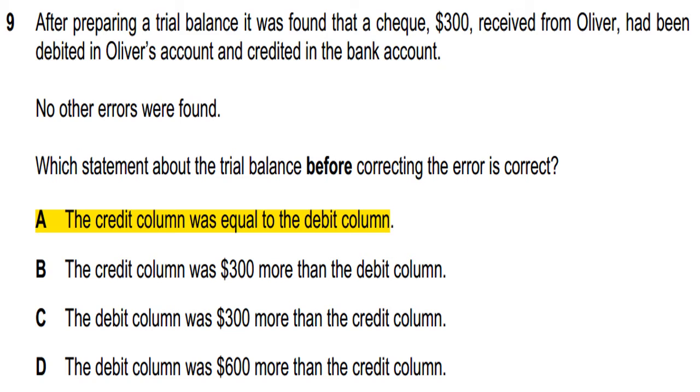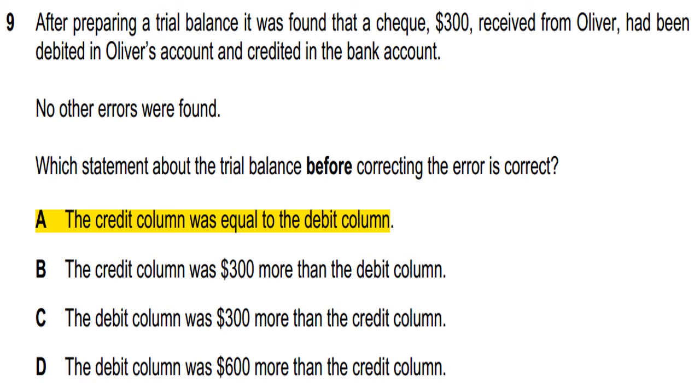Because $300 received from Oliver should have been credited, and bank debited. So when we make the opposite entry, Oliver's will be debit and bank will be credit. It means this transaction will not affect the trial balance.